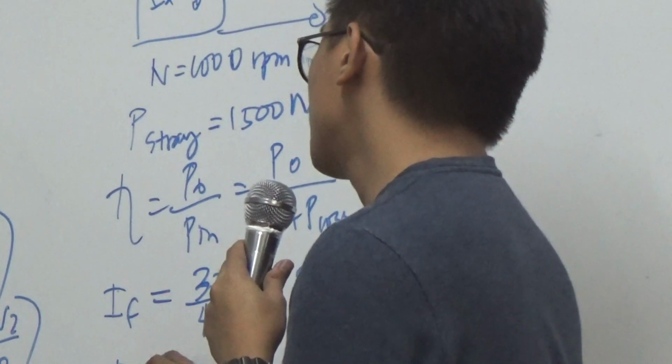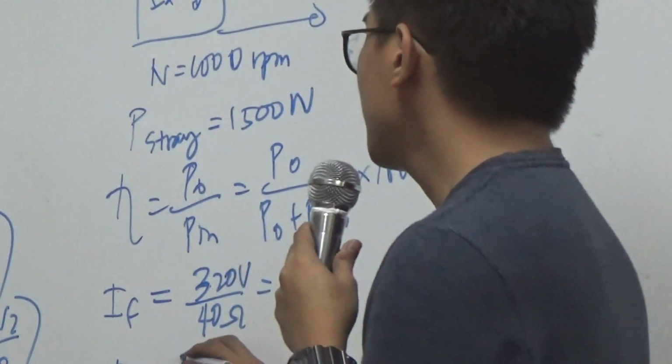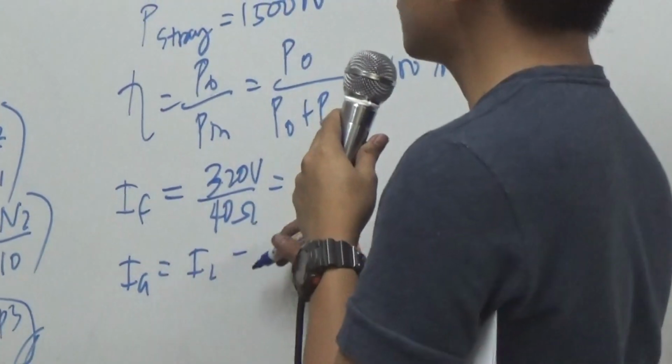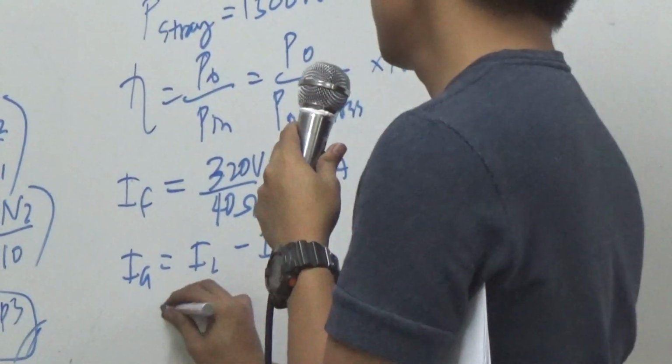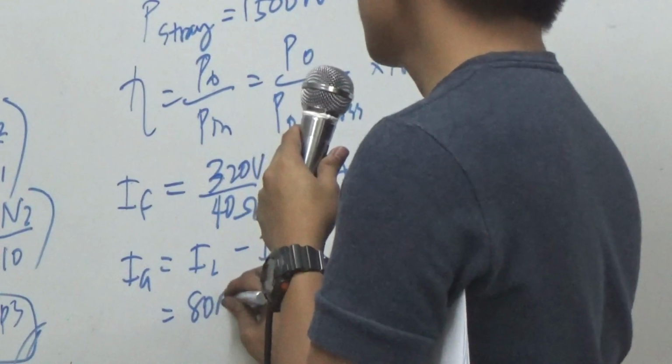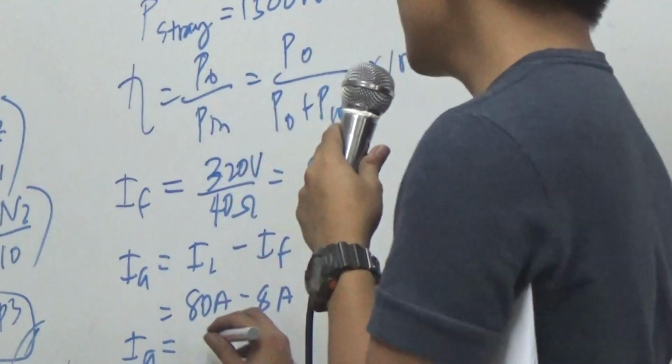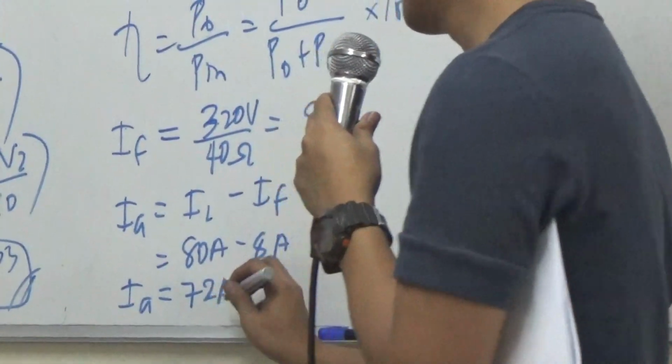So, IA for motor is equals to 80, the line current minus the field current. It will be 80 amps minus 8 amps. So, the armature current will be 72 amperes.